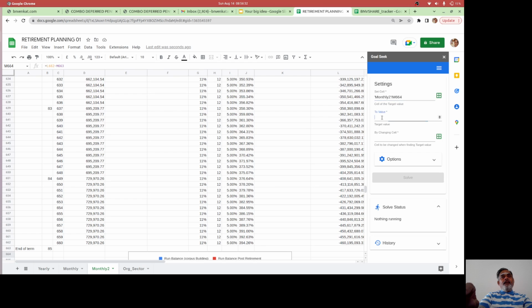The target field value is just rupees 0, and the variable field, that is the changing cell, is A1 itself. That is the very first field. For our convenience, we have taken it as A1, and let us now solve it.